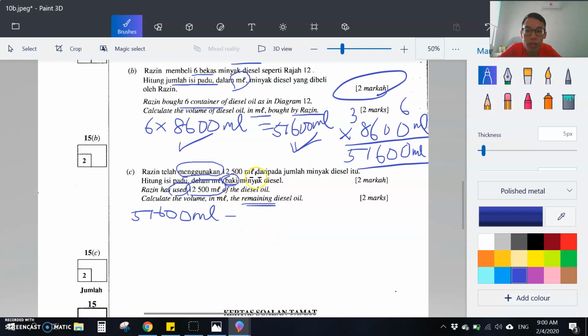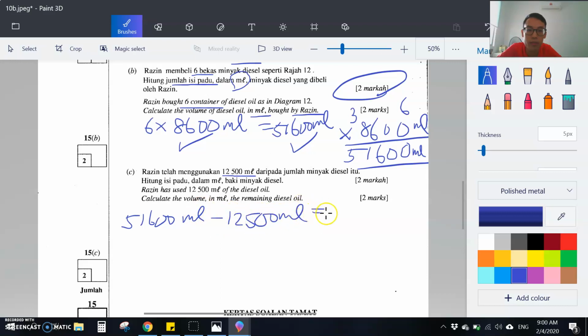Dia guna 12,500. Okay, 12, let me see. Is it 12,500? Okay. Dia guna 12,500. So you minus 12,500. This question is very simple, right? Okay, but quite a lot didn't get full marks for this question.